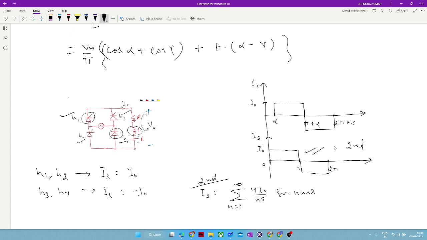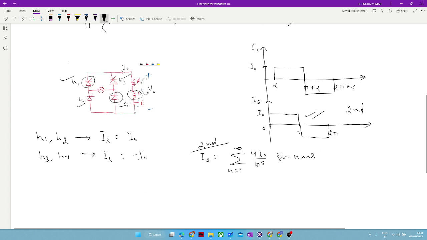Since you know the Fourier series of this one, if you have difficulty in believing this expression, I have derived this with switching functions also, or you can derive with the conventional A and B type of Fourier series approach. So this waveform is nothing but the shifted version of this one, right?